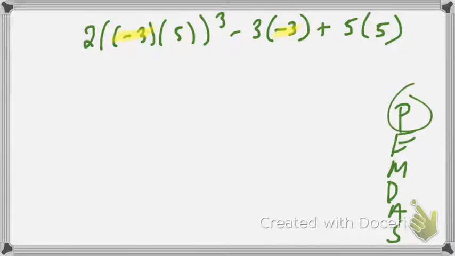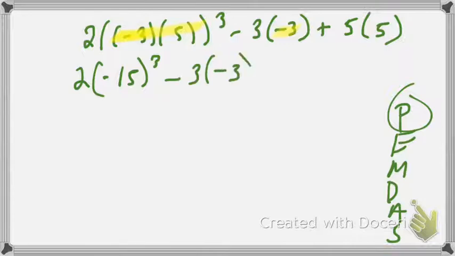I look here and I have -3 times 5 written inside parentheses. Right, so what's that going to give us? -3 times 5 gives us a -15 cubed minus 3 times -3. Alright, so -3 is just in parentheses. It's not being multiplied, divided, added, or subtracted anything, so we're just going to leave it.